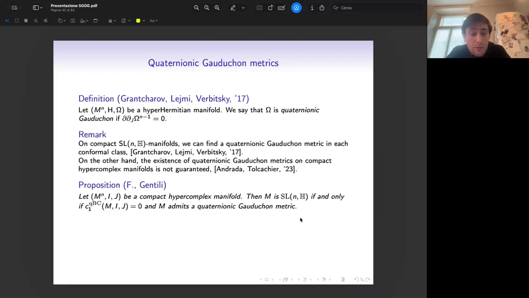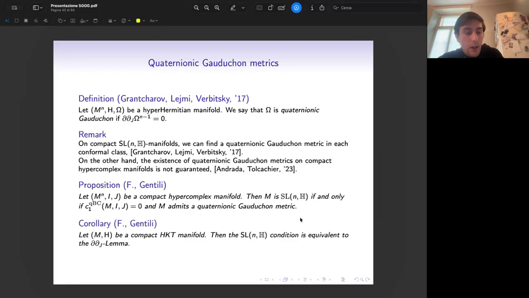So we pick a compact hypercomplex manifold, then this manifold is SLNH if and only if the first quaternionic Bochner class is 0, and M admits a quaternionic Gauduchon metric. And with this criterion, we can also state the following.